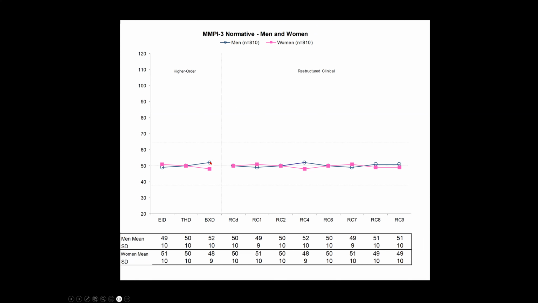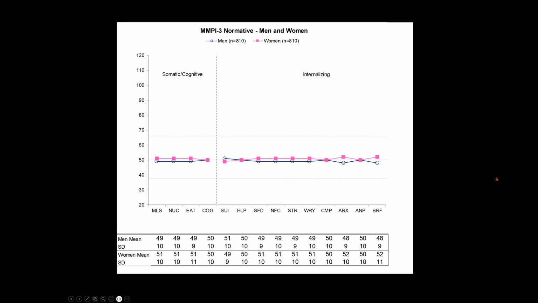And again, we do see very moderate differences, 4-point differences, with men scoring a little bit higher than women on some of the externalizing scales, the behavioral externalizing dysfunction and RC4 antisocial behavior. But these fall below that threshold for beginning to look at differences as representing or being clinically meaningful.